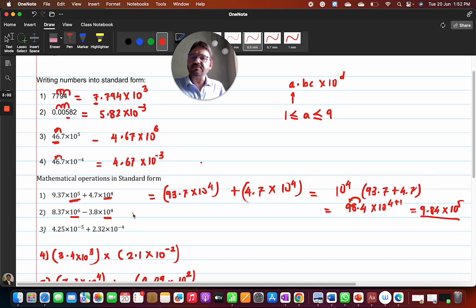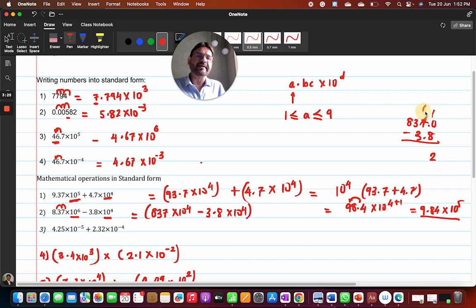So in this case, it's better that you rewrite this as 837. So when you shift 2 places, you subtract, so minus 2, into 10 raised to 4, minus 3.8 into 10 raised to 4. Now they've got the same powers. So basically 837 minus 3.8, if you do. This has to be done without a calculator.